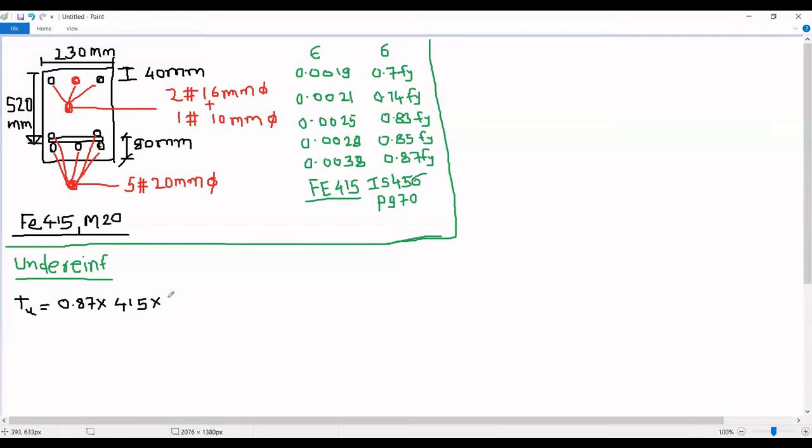into area of steel, which is 5 bars of 20 mm phi. 20 mm phi bar has an area of 314 mm square. So therefore 5 bars will have area 5 into 314.